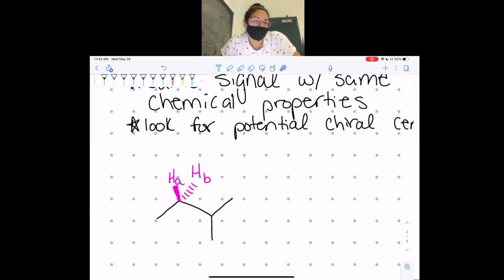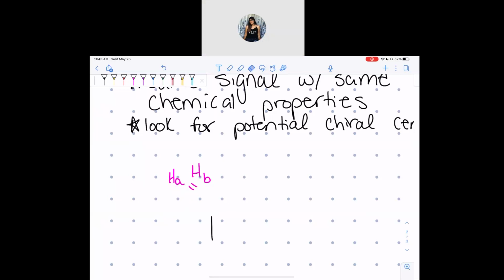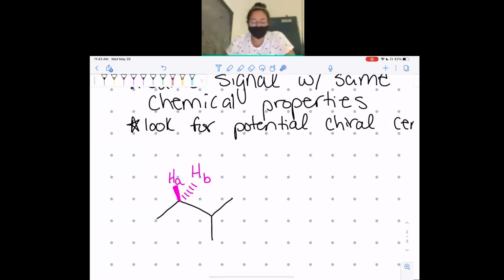So is there any difference between these two that you can automatically see? They're in different planes. They are, but since this is a single bond, do the different planes really matter yet?